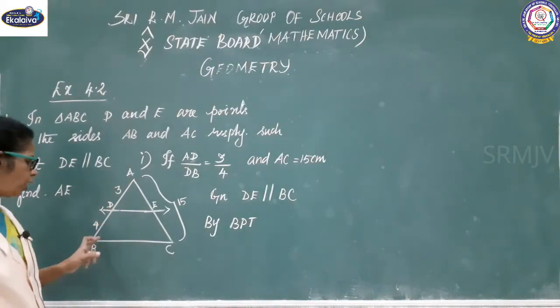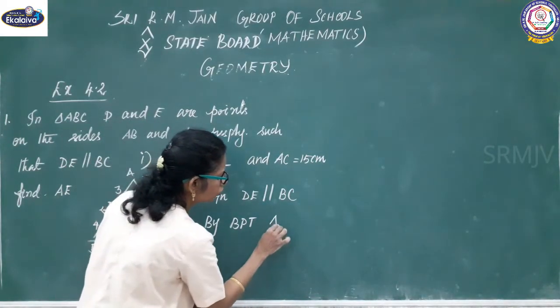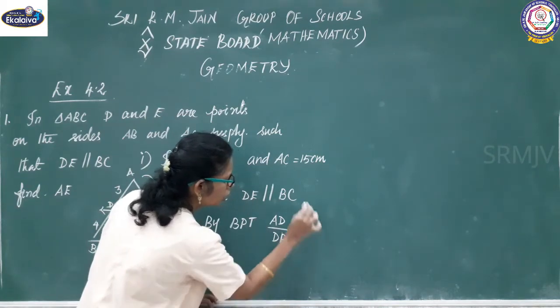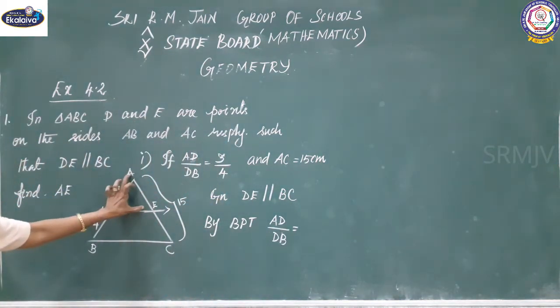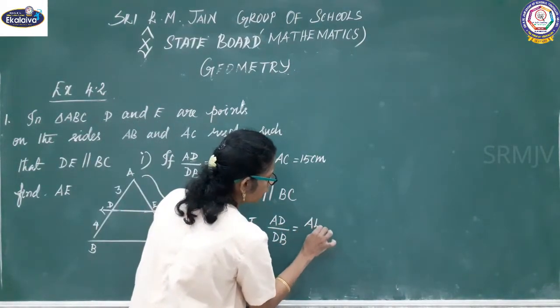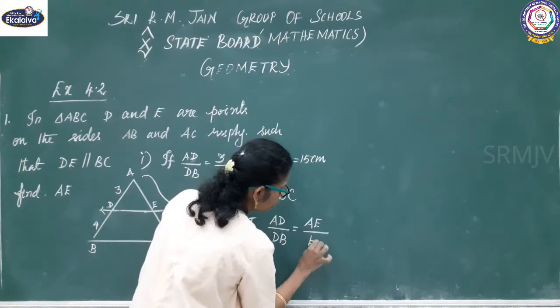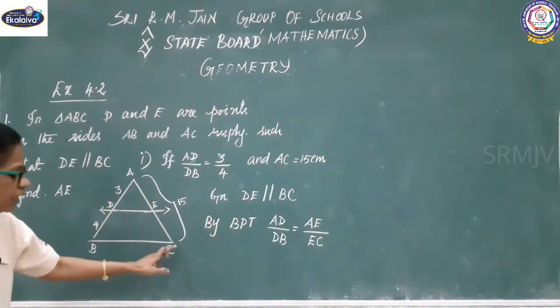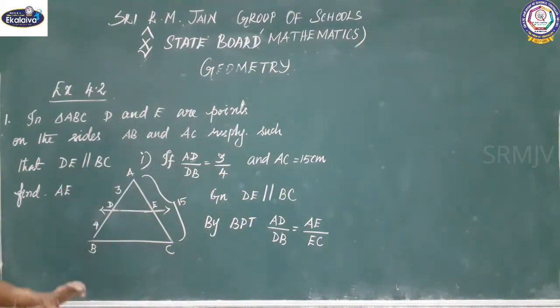What is the ratio? AD by DB equal to AE by EC. But what they mentioned here, AC as 15 centimeter.